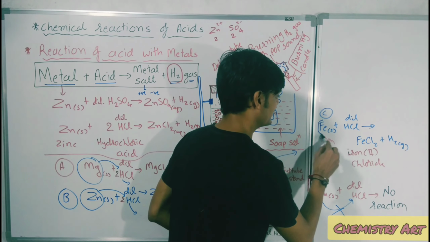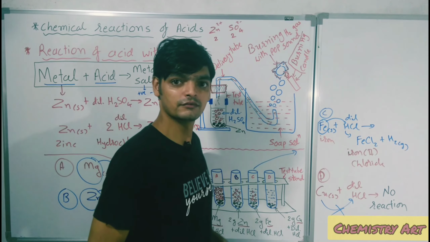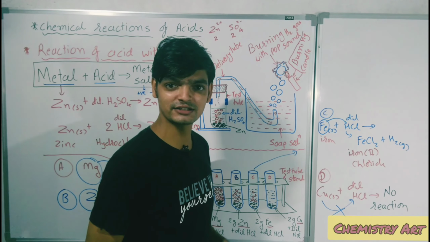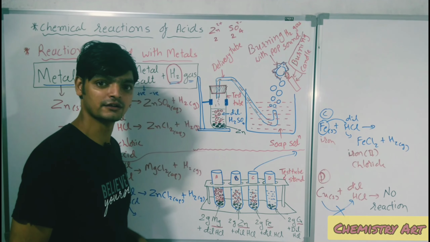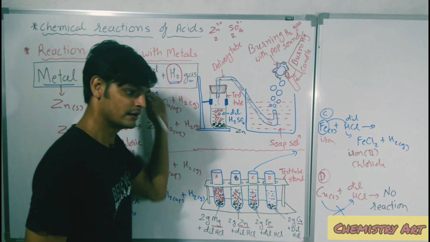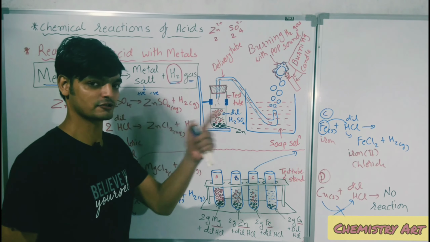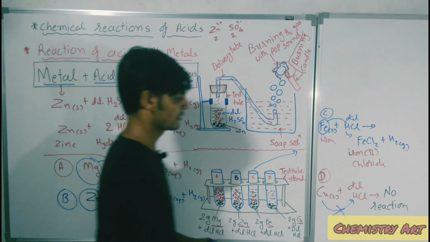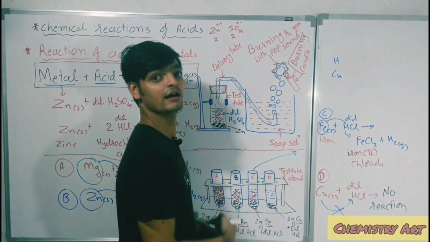Here the iron is displacing the hydrogen from the solution of hydrochloric acid. Why? Because they are more reactive than the hydrogen, and a more reactive metal can displace the less reactive element from its solution. And here the copper is less reactive than the hydrogen.